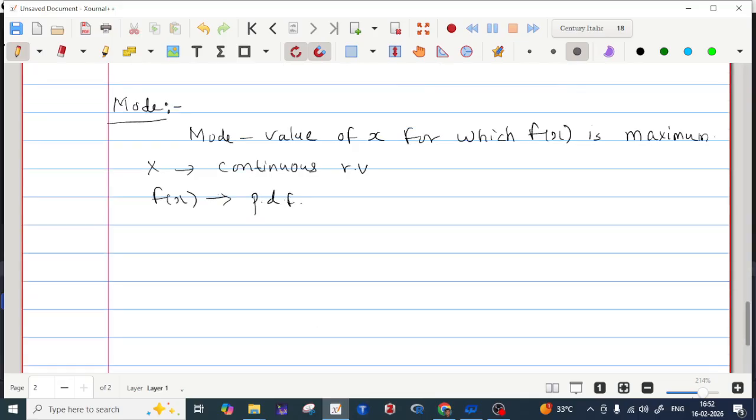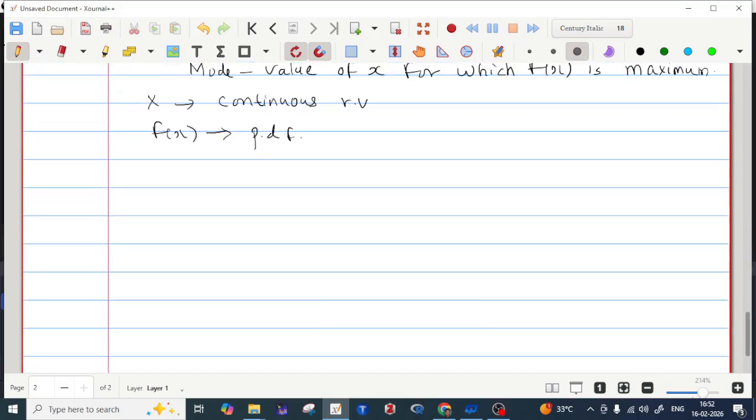Then, to obtain the mode, solve f dash of x equals 0 and f double dash of x should be less than 0.